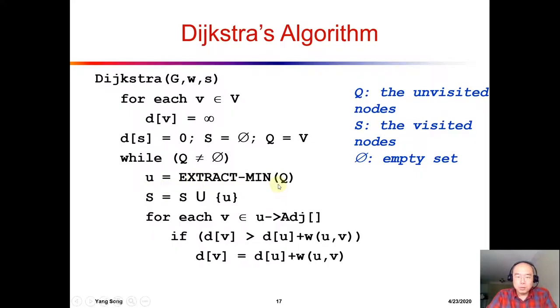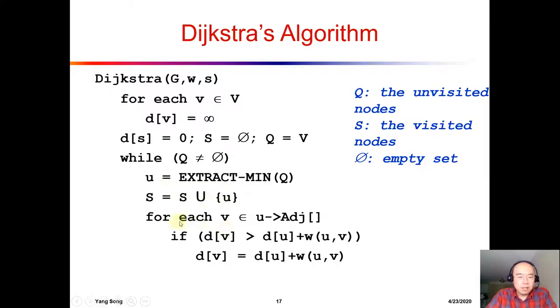I'm extracting the minimum from the Q, and the minimum will be the U. And after that, U has been taken out from the Q, and I'm putting that into the S.